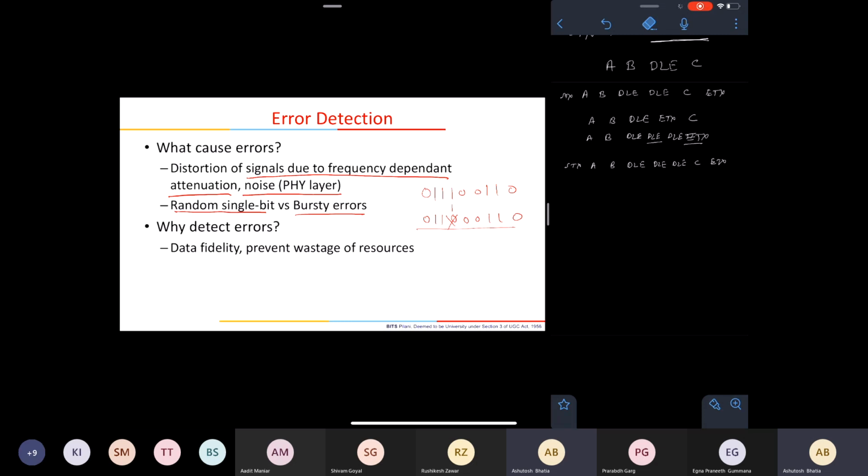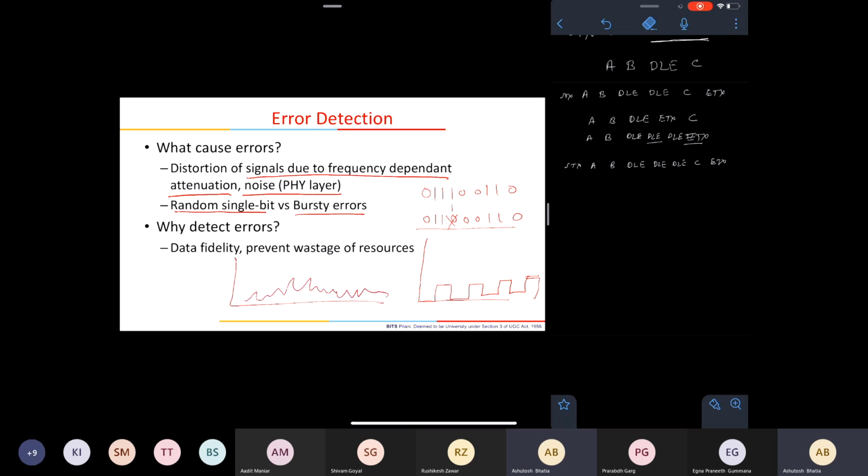But in practice, it is usually not like that. In practice, if there is some error source, noise source, that is going to be there for some time. For example, let's say this is your signal. Anyhow, the signal is encoded in bits, but ultimately once it is modulated on the channel, it will be something like this.